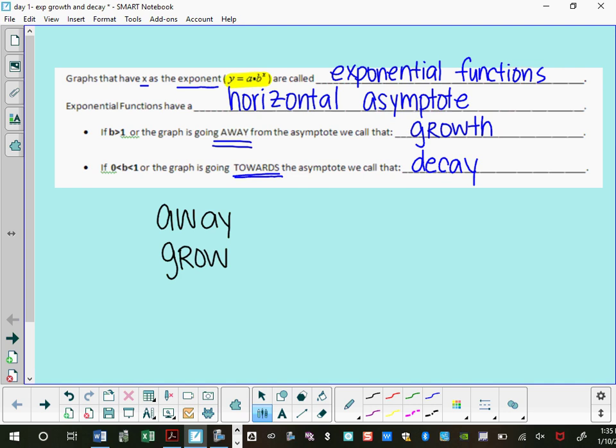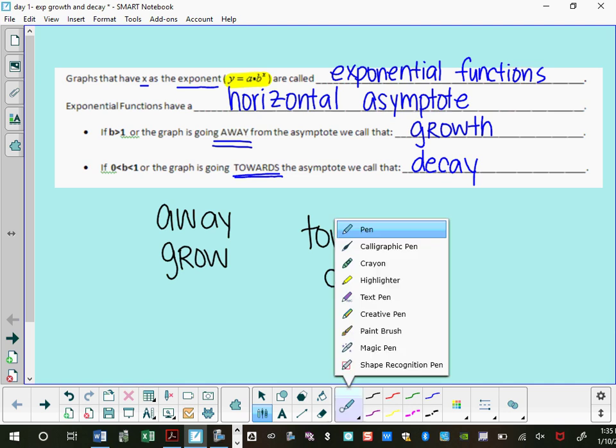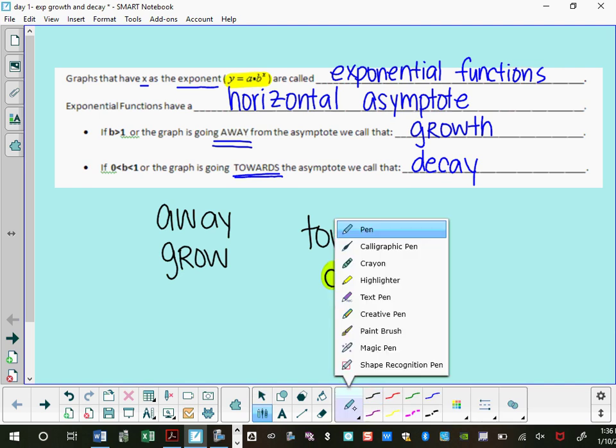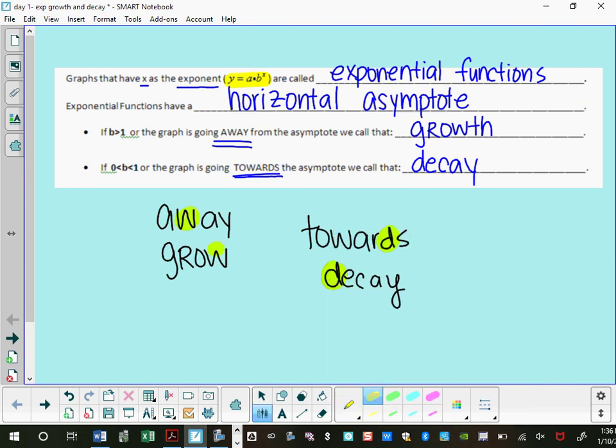If it's going towards, I like to think about the letter D in towards is also decay, and it's kind of cheesy, but that's just how I remember it. You guys can remember it however you want. But that just helps me out.